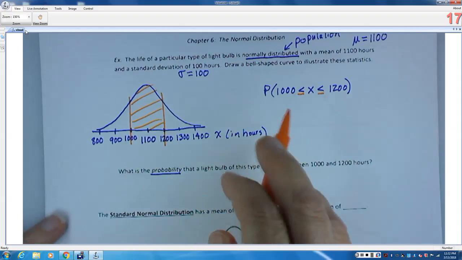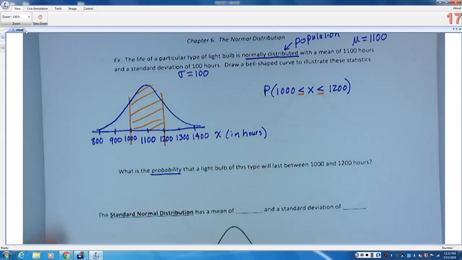But anyway, so we look at that, and from our picture, can you tell that we've shaded in from -1 standard deviation to +1 standard deviation? What? So if you're looking at 1,000 to 1,200, you'd have to just go, right? Yeah, but you'd have to use the formula for the normal curve, I guess. Yeah.